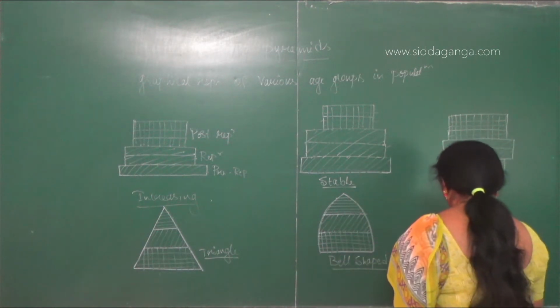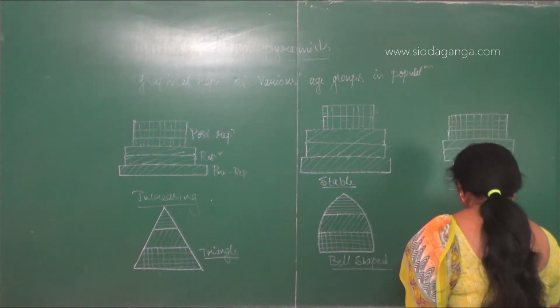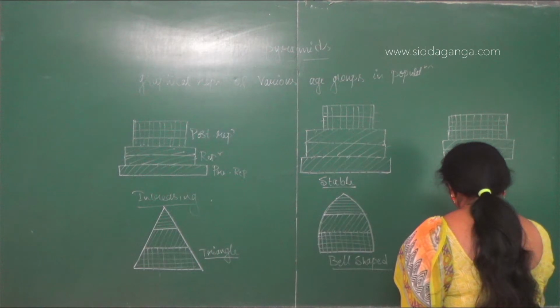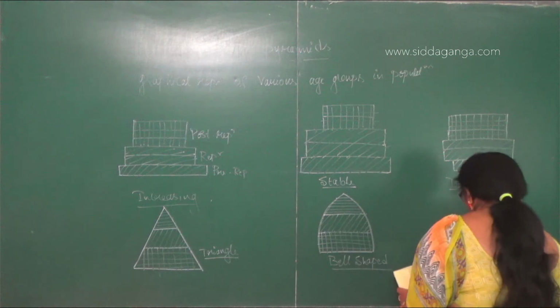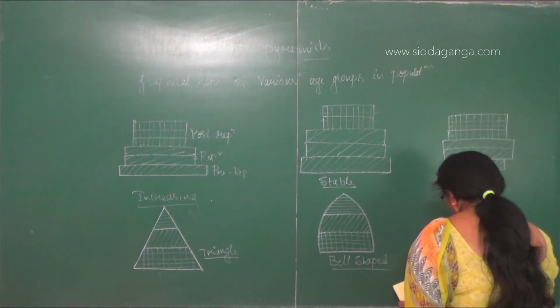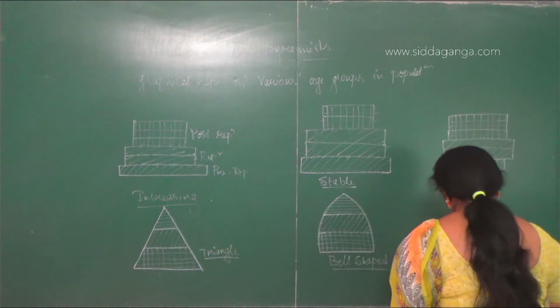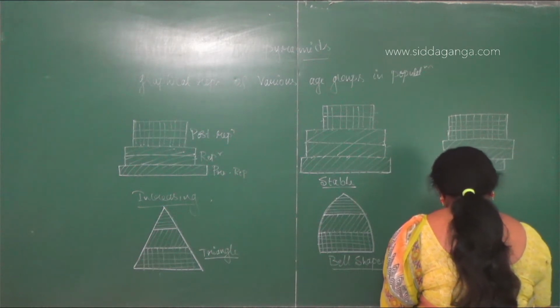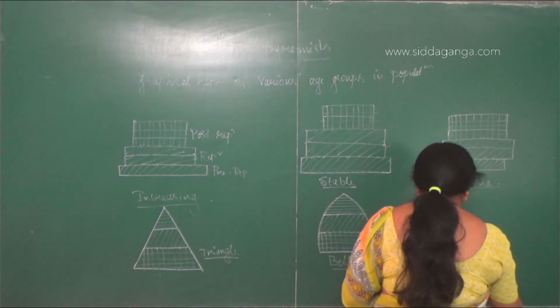So this is an urn shaped population age pyramid.